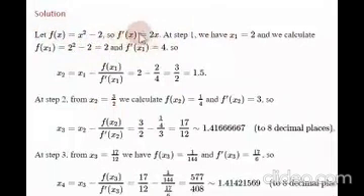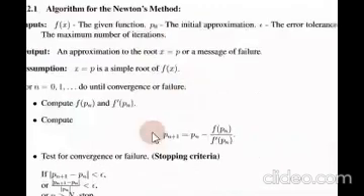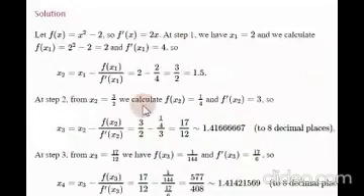Now we are going to find an approximation to square root 2 using Newton's method. This is a continuous and differentiable function on the real line, so you can find the first derivative of f by differentiating f with respect to x.